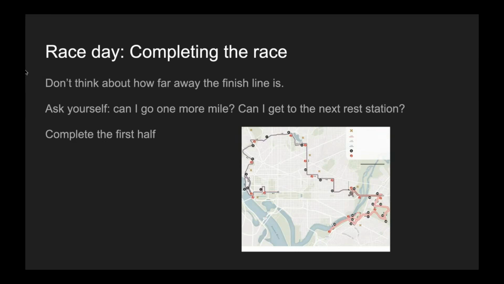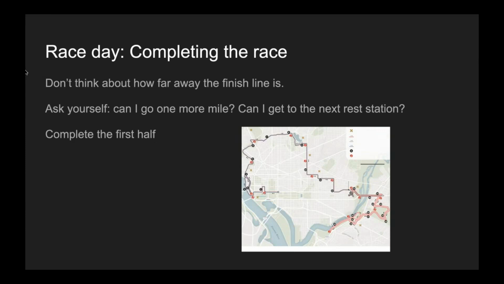Other things, like when you're trying to decide how far you really need to run before these races, my rule of thumb is I need to have run about half of the race distance during training. So when you look at these training schedules, if you're training for a marathon, you don't have to run 26 miles before you run a marathon.